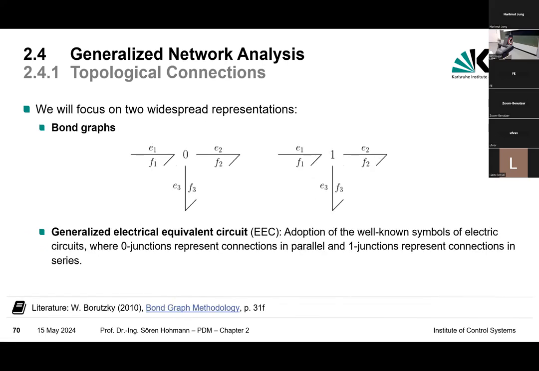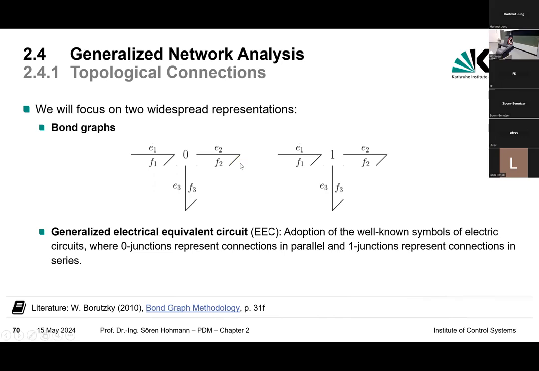But if you have a different notation, you depict these two rules, the effort rule and flow rule, in bond graphs as a so-called zero junction, and it was very innovative to say, hey, let's take a zero in between, and say, okay, here at the zero junction flow sums up.